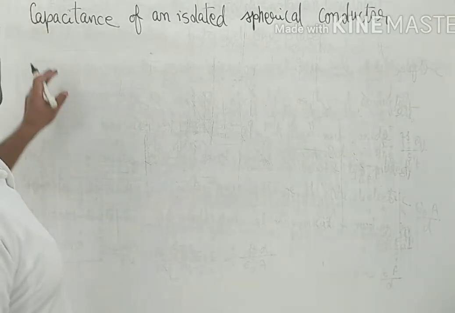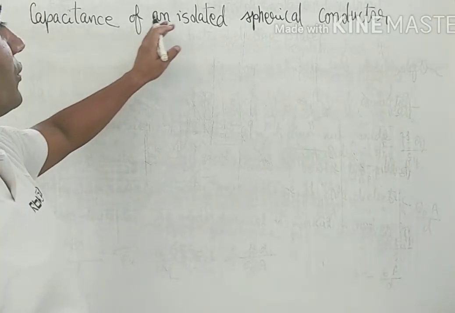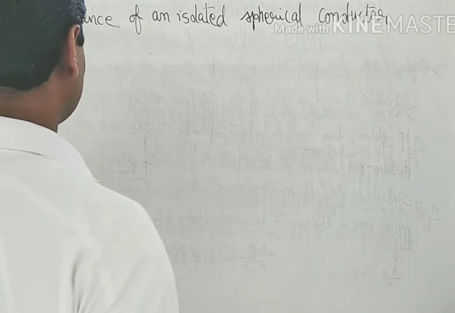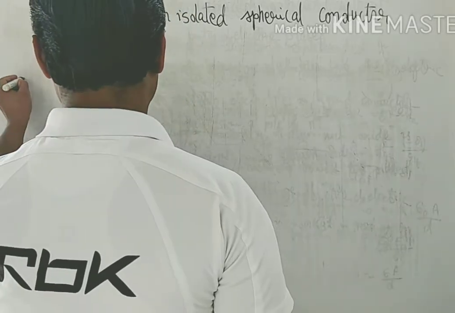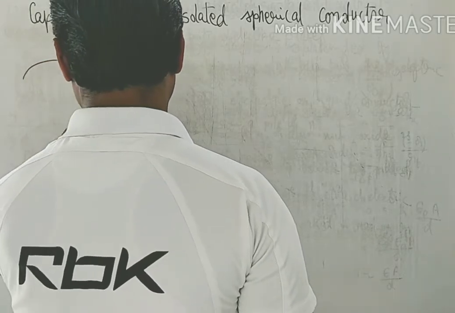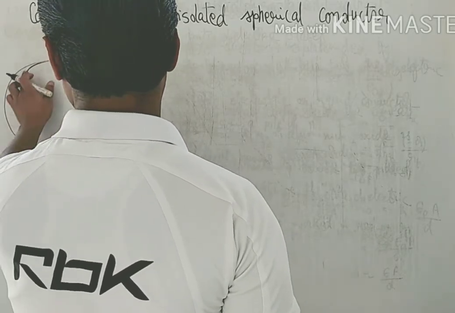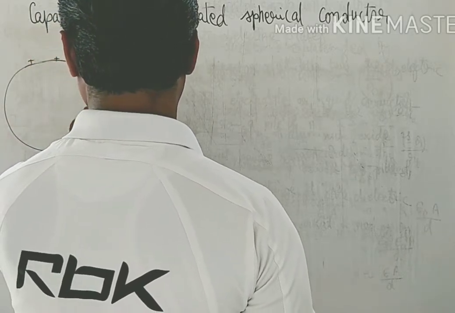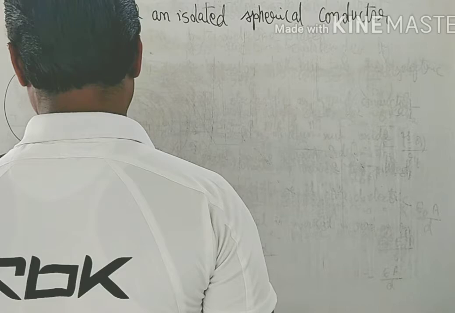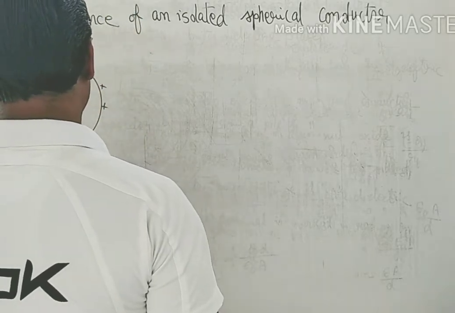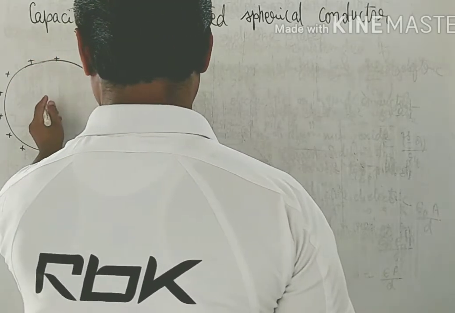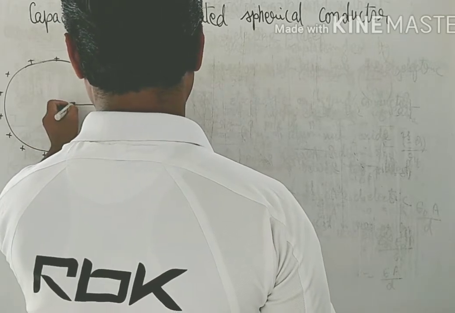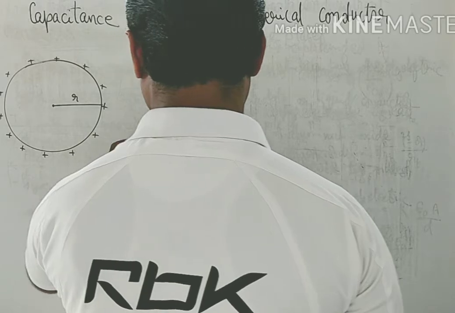Let's have the next topic, capacitance of an isolated spherical conductor. Suppose we have an isolated spherical conductor like this, and say the charges spread on its surface are positive. Now the radius of this spherical conductor is taken as small r.